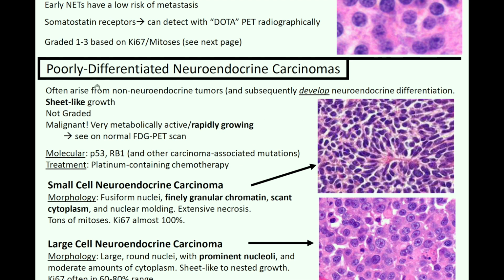Another entity for a poorly differentiated neuroendocrine carcinoma is large cell neuroendocrine carcinoma. So the morphology, as the name suggests, you're going to have large, round nuclei with prominent nucleoli and moderate amounts of cytoplasm, with sheet-like to nested growth, and Ki67 is often in the 60 to 80% range.